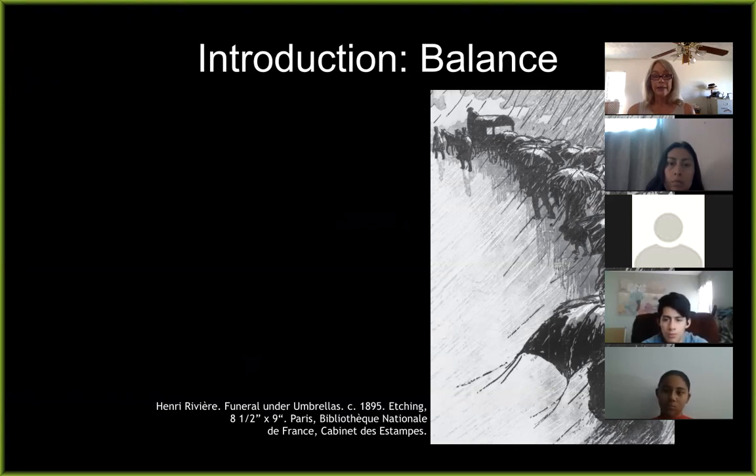So balance is an important part of composition, and in this first picture, initially, you might think, oh, this picture is out of balance because there's a lot of activity on the right-hand side and very little going on in the lower left. However, the artist has been able to keep this balanced by using directional line. We haven't talked much about line yet, but we're going to in the future.